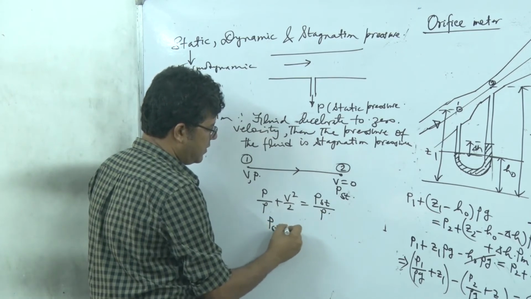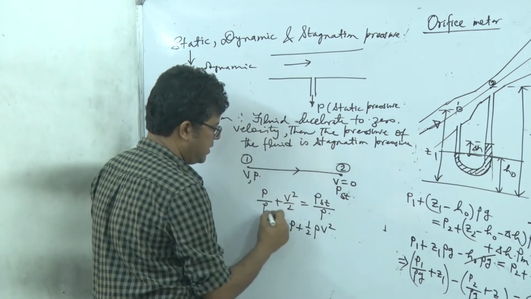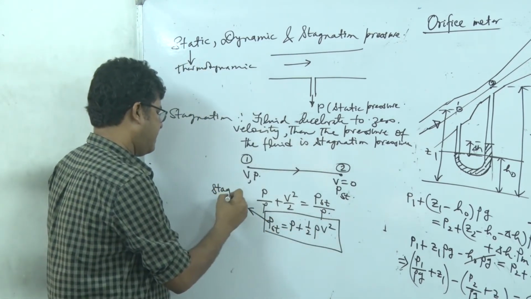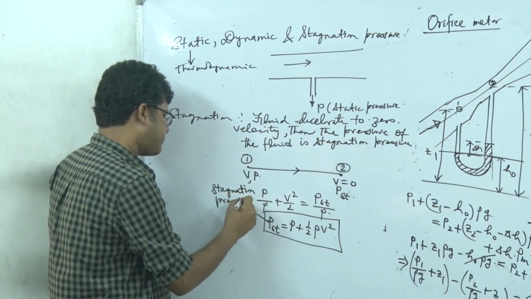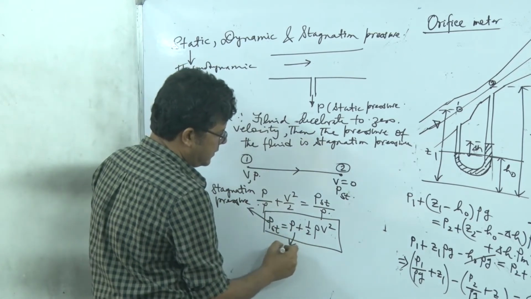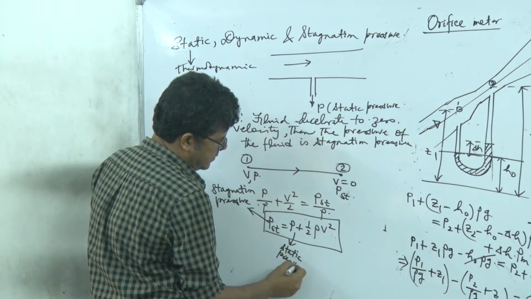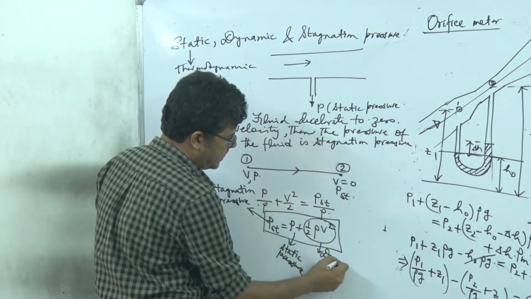So P stagnation is equal to P plus half rho V square. This is the stagnation pressure, this is the static pressure, and this one is the dynamic pressure.